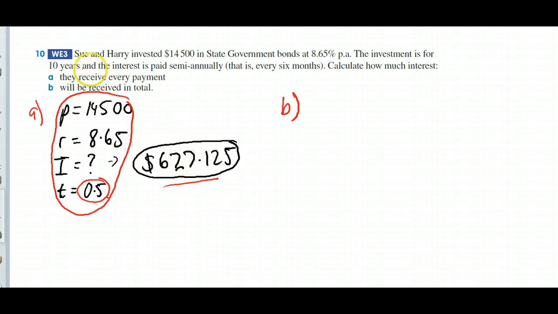But since we know that they're getting this amount every 6 months, and in 10 years there's going to be 20 6-month periods, every year there'll be 2 of these. So we just have to multiply this by 20 and it will give us the answer we're looking for here.